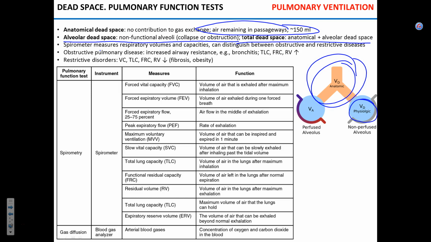So, obstructive disease is the one when the resistance of airways is increased. Does that make sense? Now, when resistance of the airways is increased, it means that you blow through this smaller tube. You see what I'm saying?